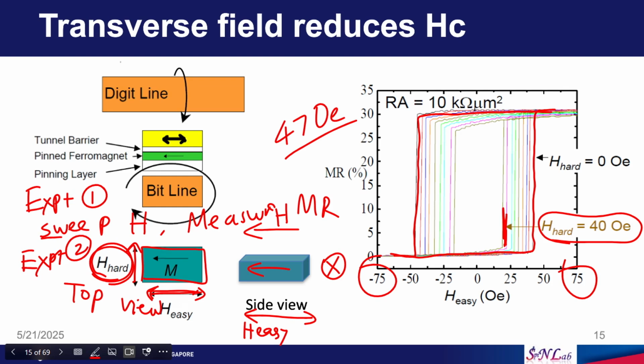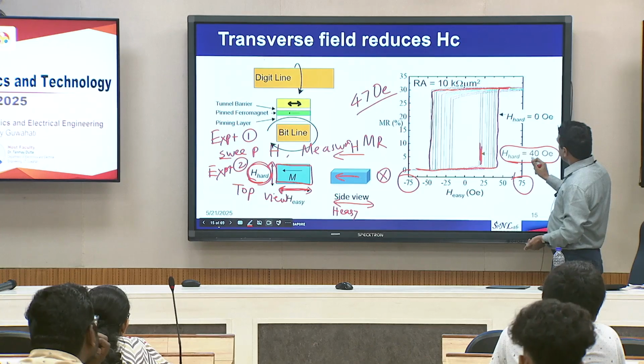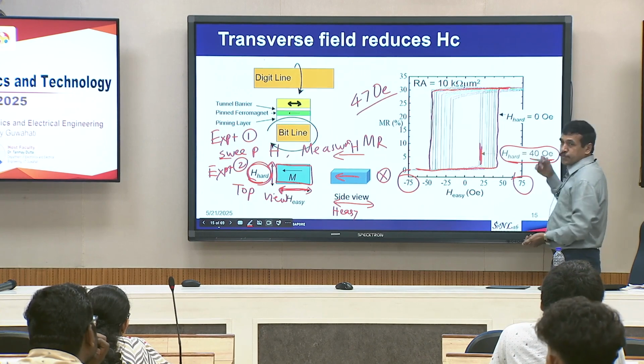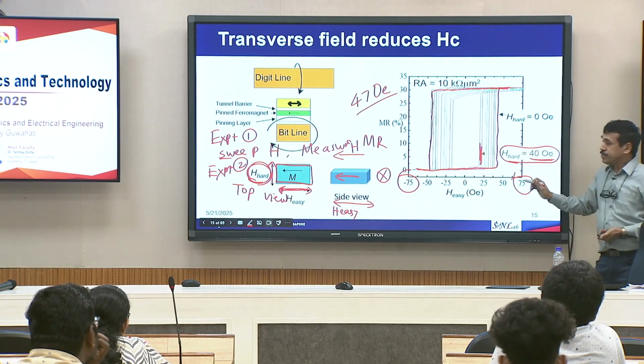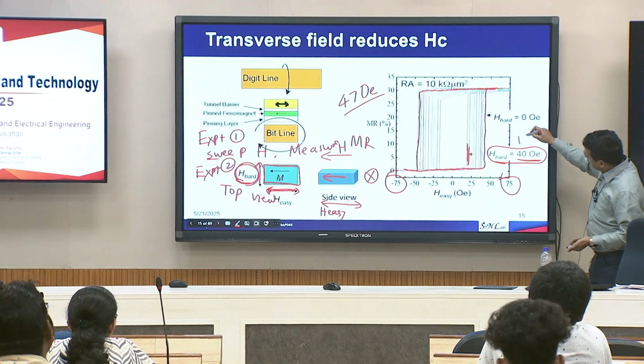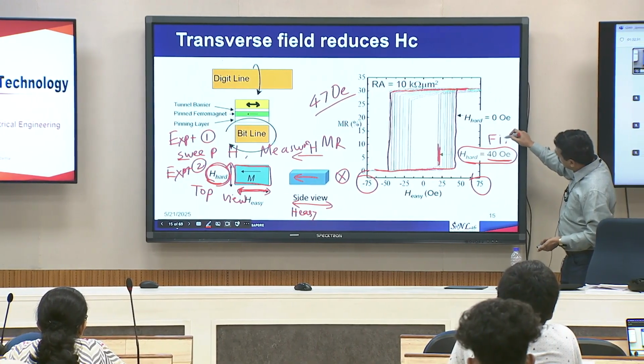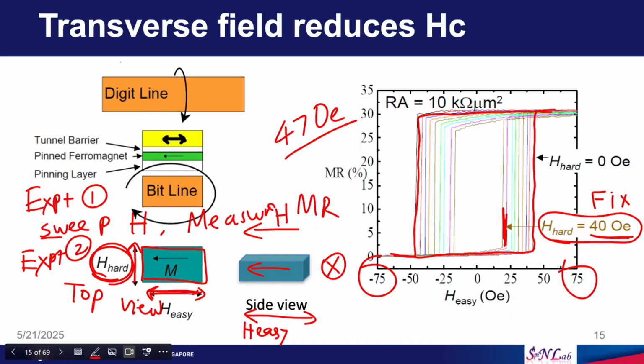So, let us take this curve, 40 Oersted: we apply a magnetic field in the hard direction and its magnitude is 40 Oersted. We are not sweeping this. This is a fixed value, one value of H hard. We are only sweeping the magnetization in the easy direction, like what we normally do for measuring a hysteresis loop.